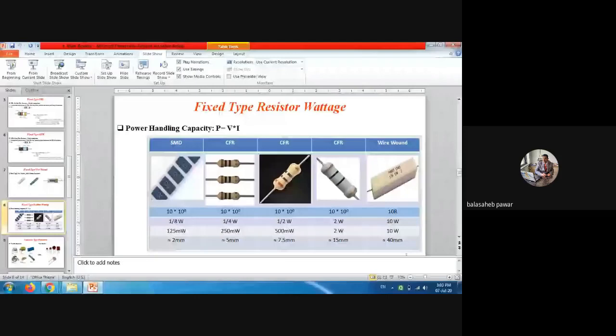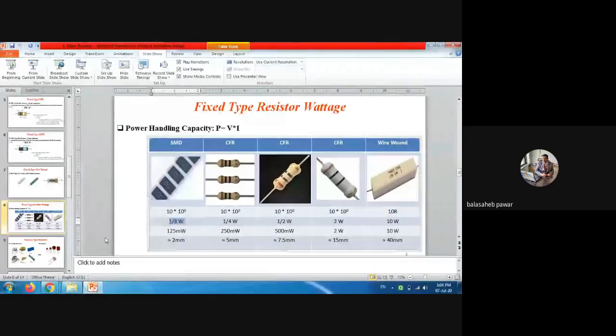Now here, this SMD type has its wattage as 1/8 watt only. That means 125 milliwatt. It can handle a power up to 125 milliwatt only. Then the quarter watt can handle 1/4, that is 250 milliwatt. Then the next shown can handle up to 500 milliwatt or half watt.